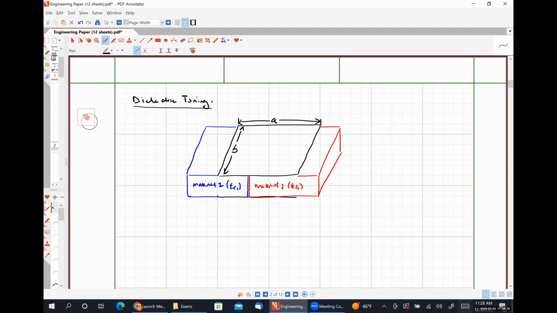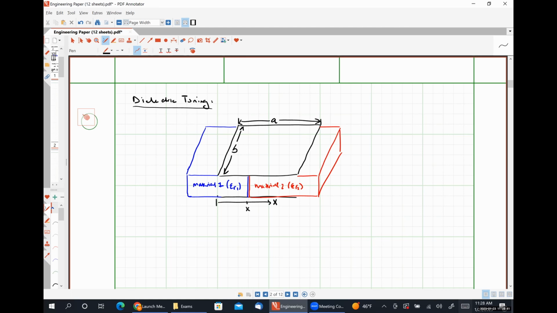And let's establish a little bit of a coordinate system here. So this is going to be the X direction, and the location of the material interface between the two dielectrics is X.